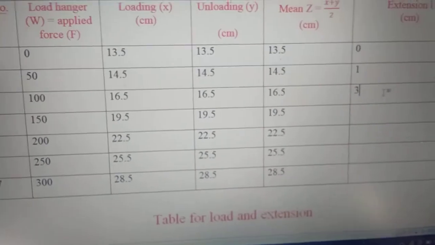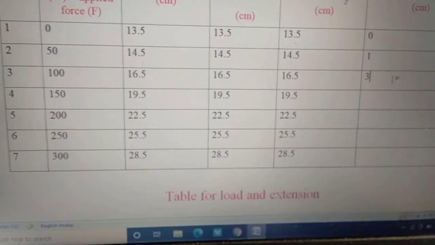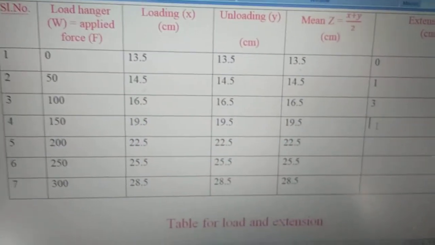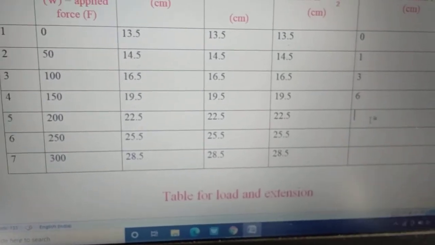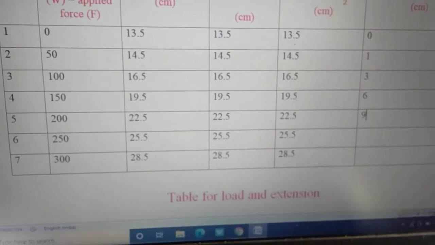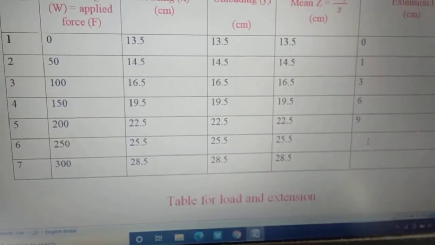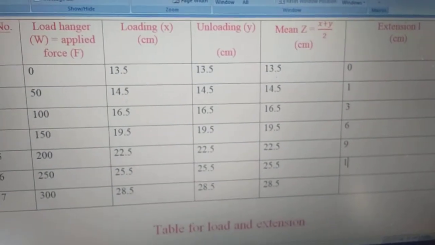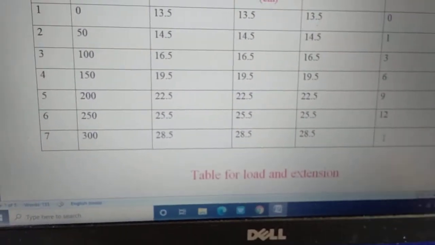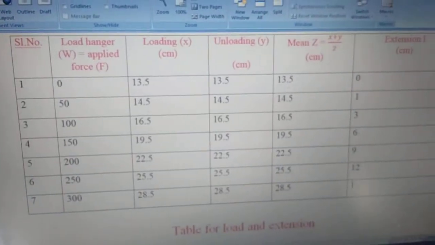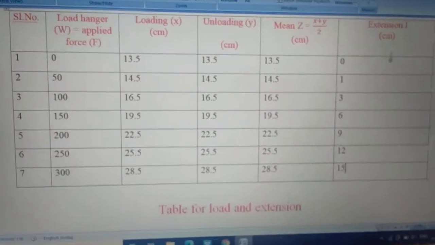Next one, 19.5 minus 13.5, you will get 6. In the same manner, 22.5 minus 13.5, you will get 9. 25.5 minus 13.5, we will get 12. Next value is 28.5 minus 13.5, we will get 15. So this is the extension value.